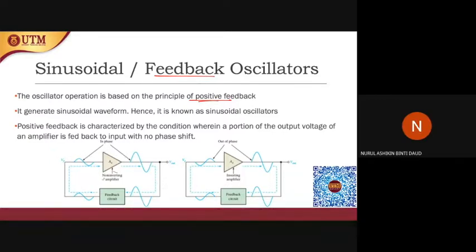For example, in phase, they will feed the input exactly as in phase, because all the waveforms are in phase, so the output from the feedback will also be in phase.